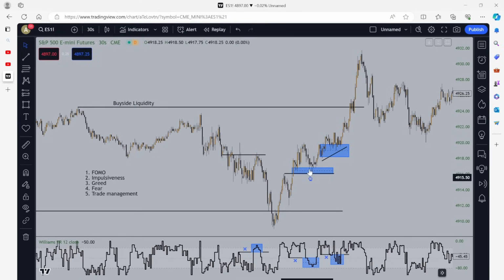So on ICT's entry here, price came down into this fair value gap, into this order block. At the same time, the Williams Percent R was making a lower low, while the price chart was failing to do so. So what does this indicate to us? It indicates a change in state of delivery.